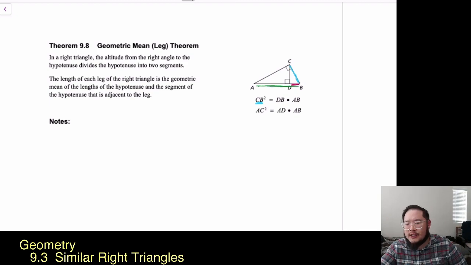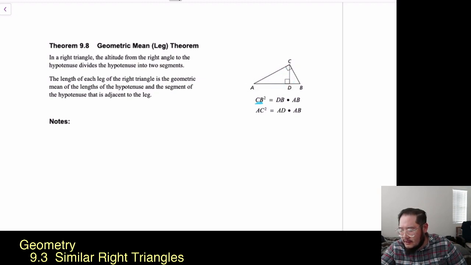So things change up a little bit right here. CB squared is equal to the two segments that are now on part of the hypotenuse there. If we take a look at it again in the second one, I'll erase the colored markings that I have there, and we look at AC.